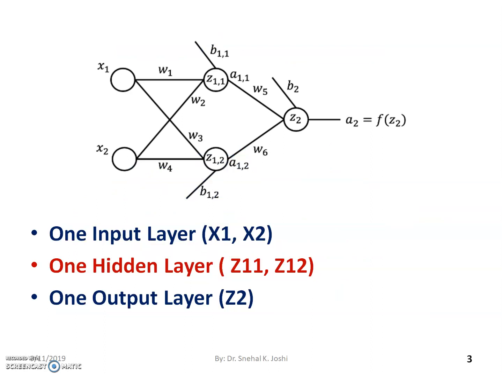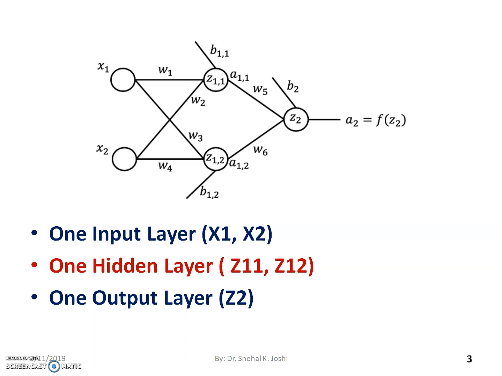To understand forward propagation, we will take a simple and small neural network. Consider our neural network has one input layer, one hidden layer and one output layer. For simple understanding, we have two nodes in the input layer, x1 and x2. Weights w1, w3 from x1 and w2, w4 from x2, with biases b1 and b2, go to the hidden layer weighted sum nodes z11 and z12 respectively.